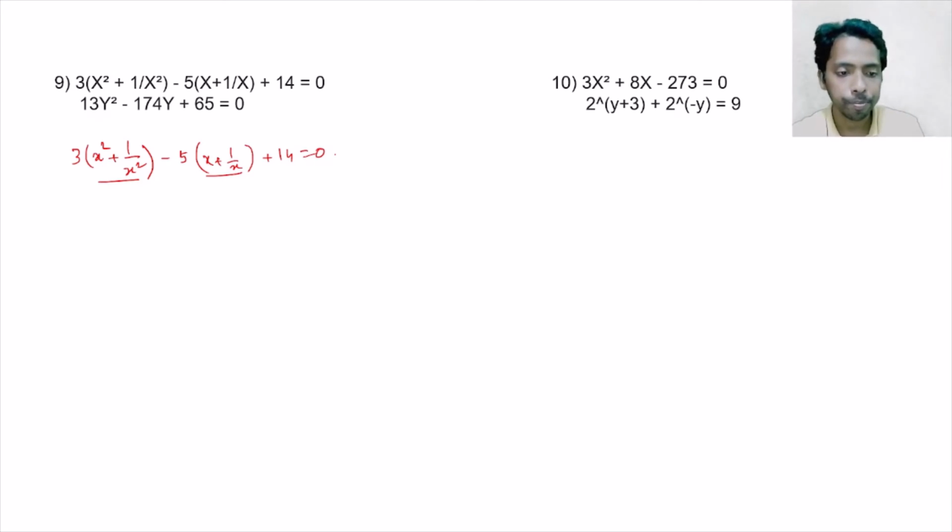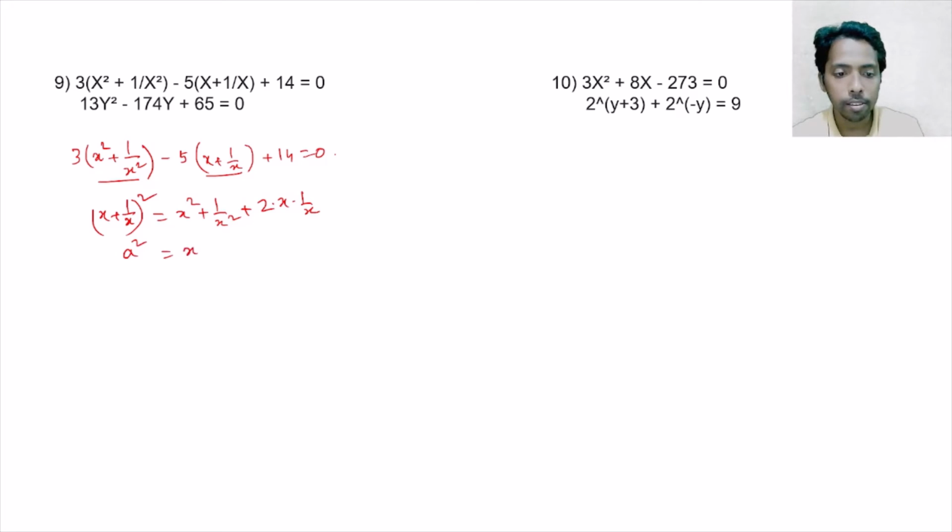See, if we take this, suppose in this way, x square plus 1 by x square plus 2 into x into 1 by x, this is a square obviously.